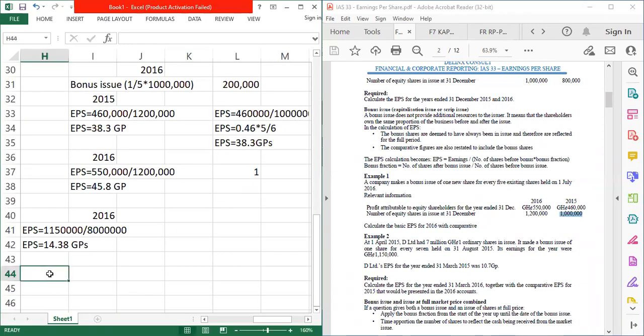All right. Let's go to 2015. For 2015 we will restate the 10.7 pesos calculated, since the bonus issue was not taken into consideration. So we multiply this by the reciprocal of the bonus issue fraction, which is 7 divided by 8.